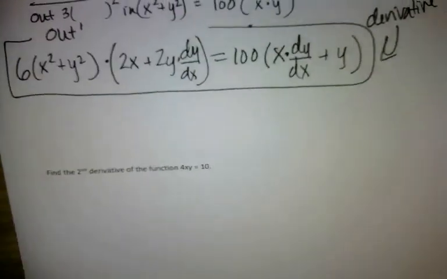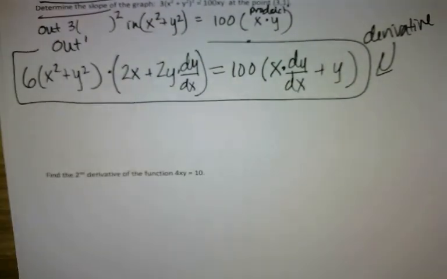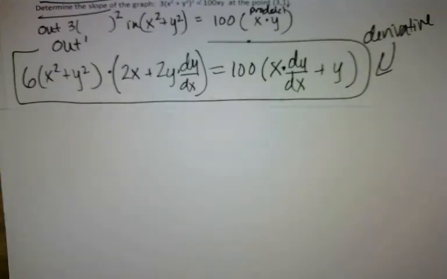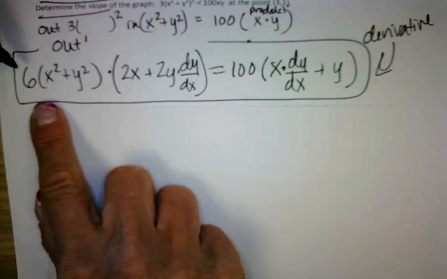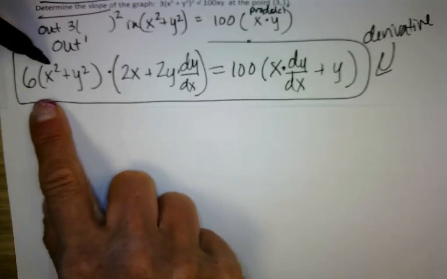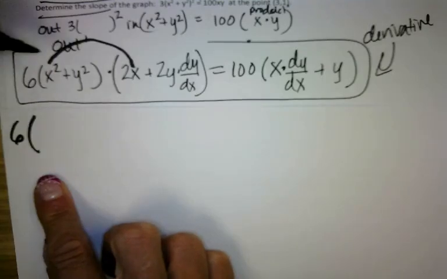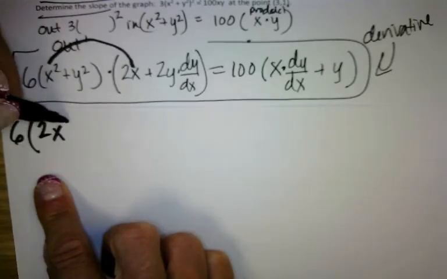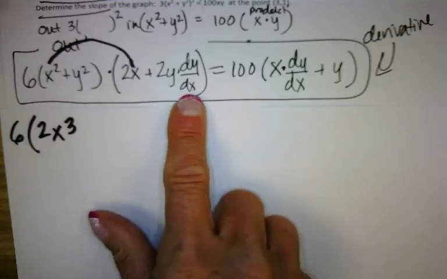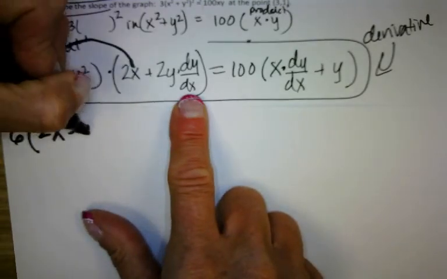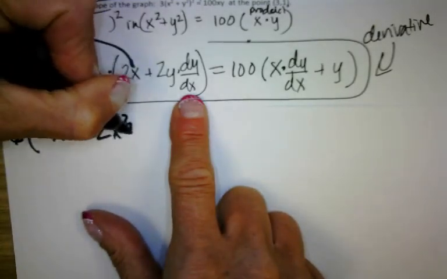First of all, I'm going to ignore the 6 for now, but I'm going to FOIL. X squared times 2x is 2x cubed. X squared times this mess is going to be 2x squared y times dy over dx. Again, I'm just doing algebra. I'm doing FOIL.